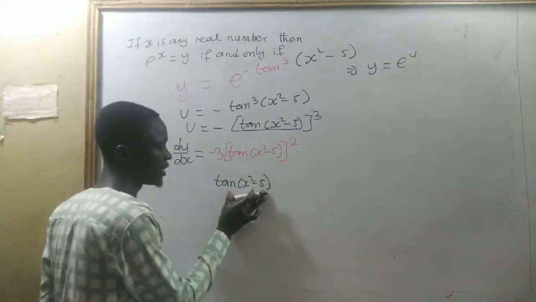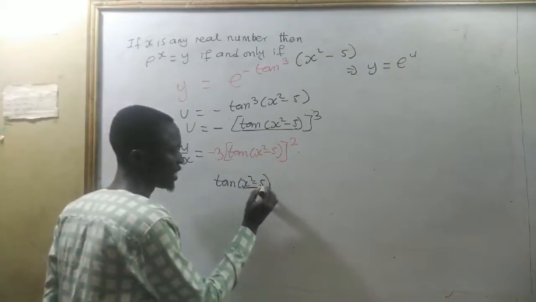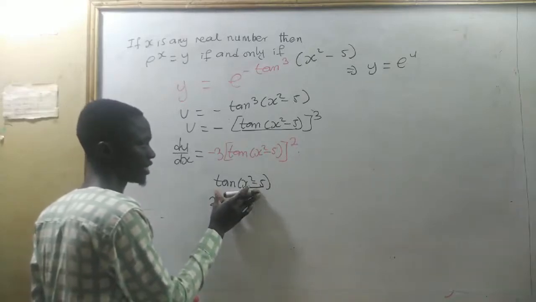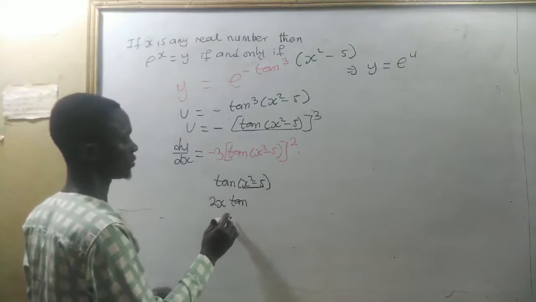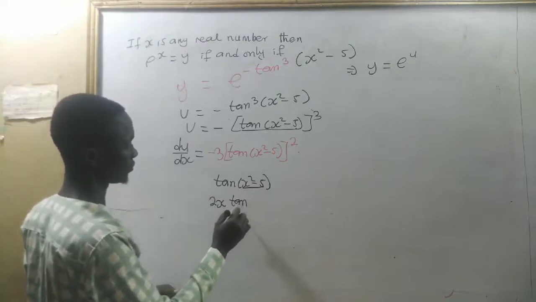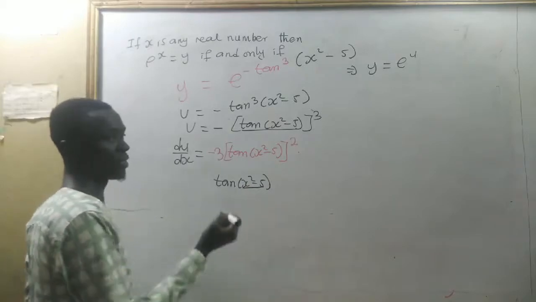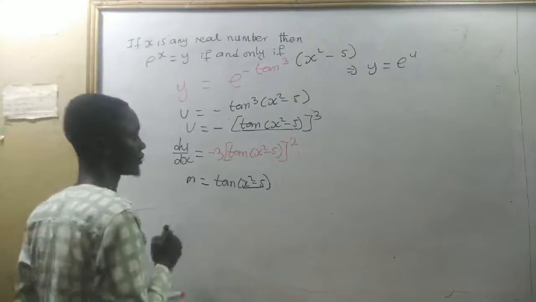Now, how do we differentiate this? This also will require the chain rule. So you differentiate the inner function to get 2x times the original function, and the original function is tangent of x squared minus 5. Okay, let's go through the chain rule slowly to do this one. Let's take m equal to this.